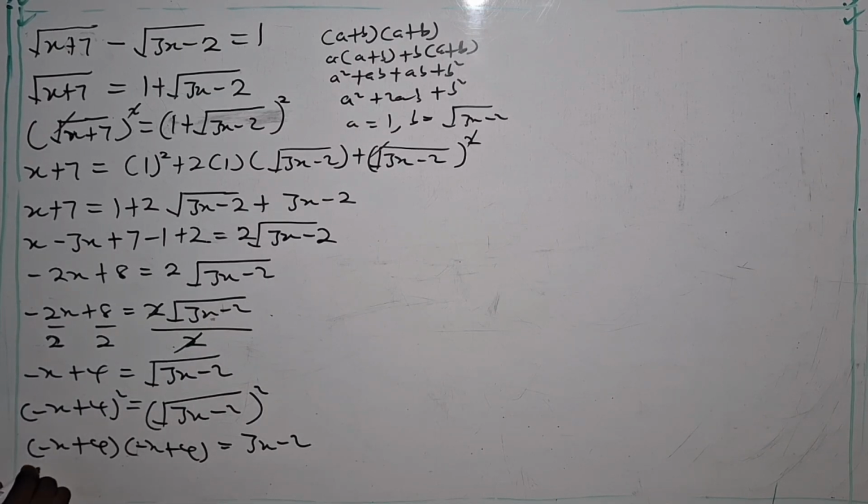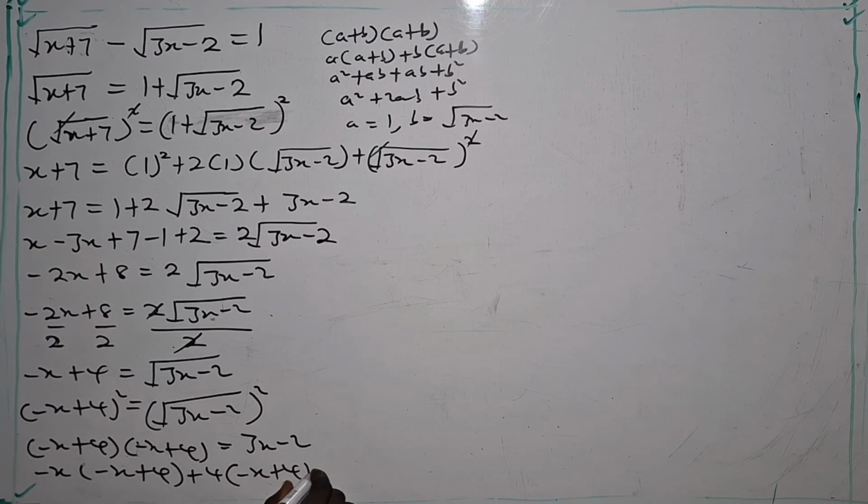So this one, negative x plus 4, then times negative x plus 4 is equal to 3x minus 2. So follow closely as I continue here.